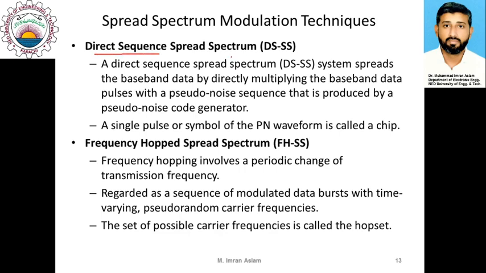One is called direct sequence or DS spread spectrum. In direct sequence, the pseudo noise code is directly multiplied to the baseband data. So baseband pulses are multiplied by the pseudo noise sequence, which is generated by a pseudo noise code generator.